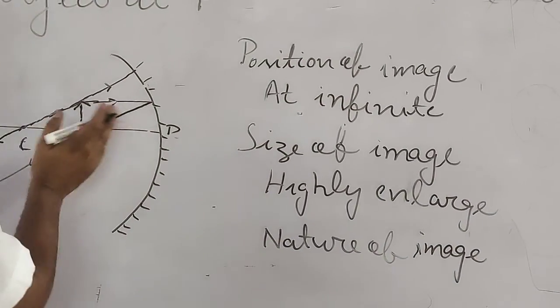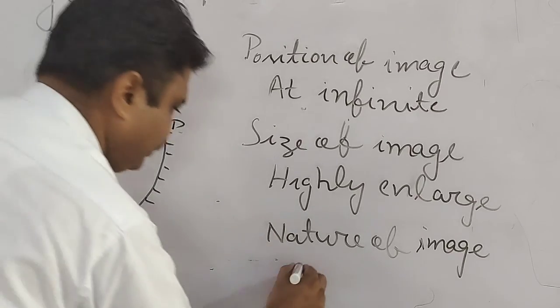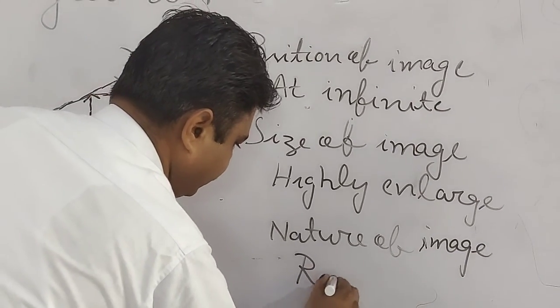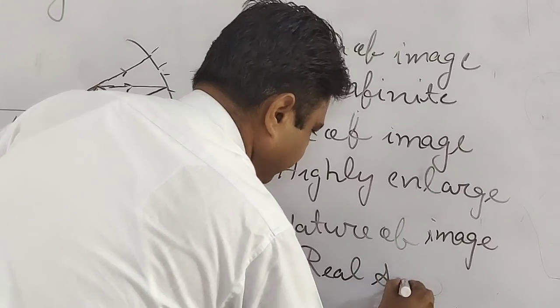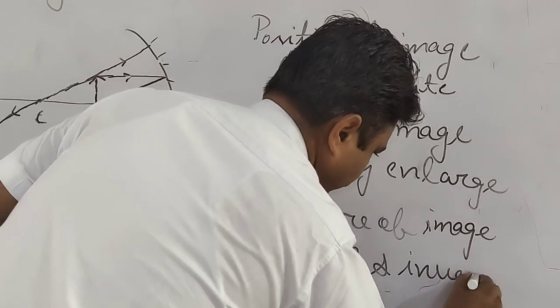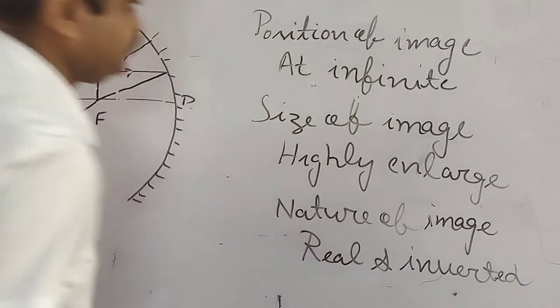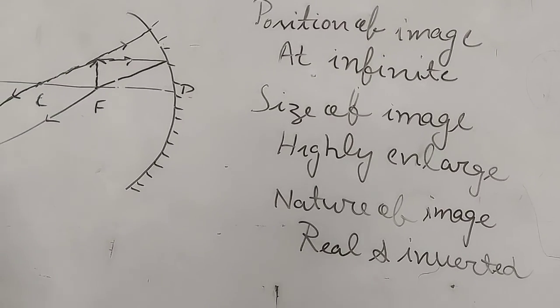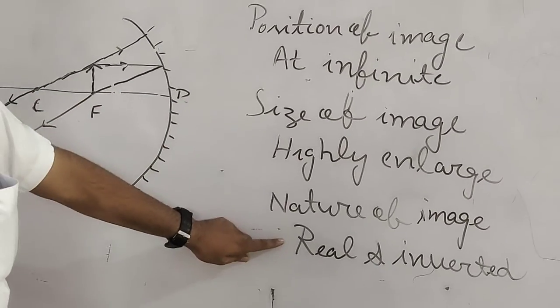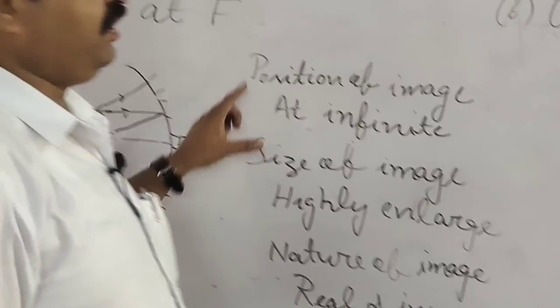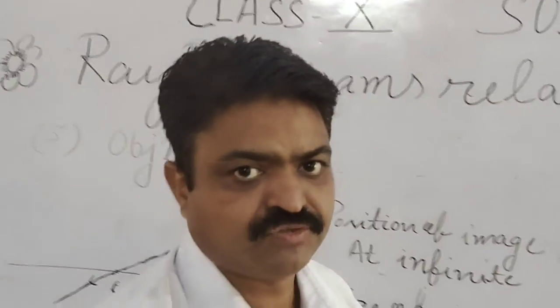Nature of the image: because the image is forming in front of the mirror, it will be real and inverted. Now we come to the next ray diagram, student.